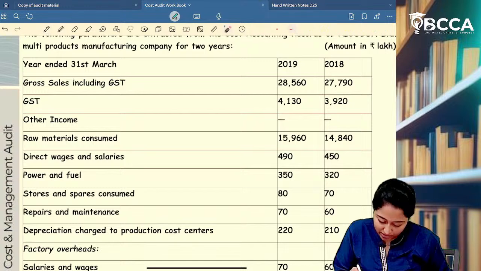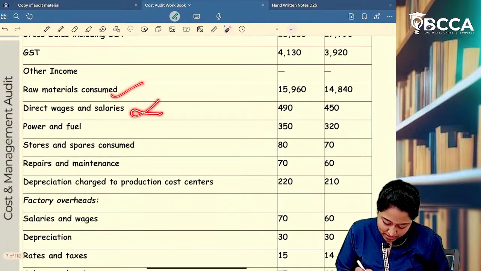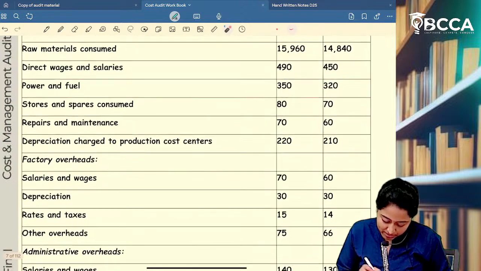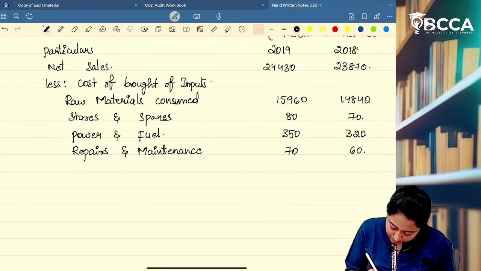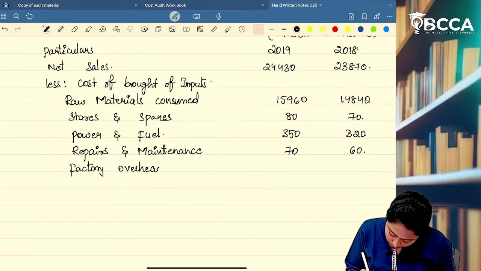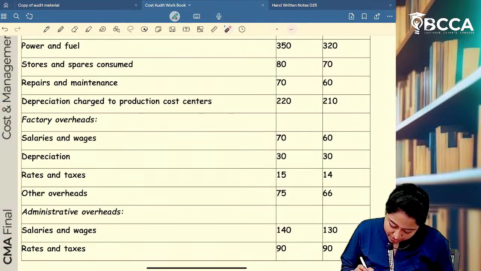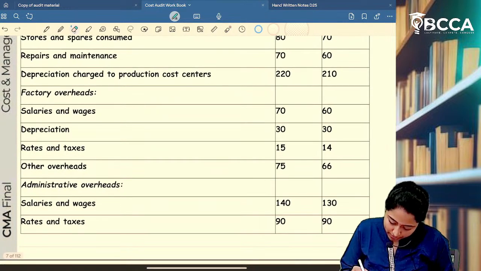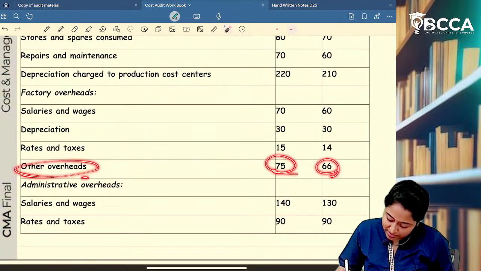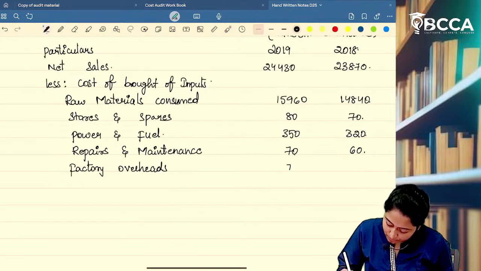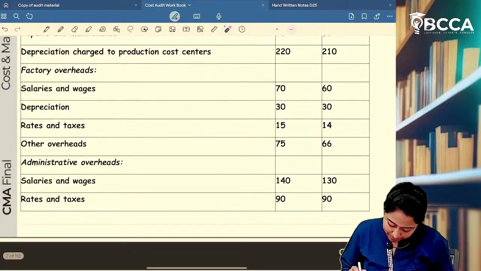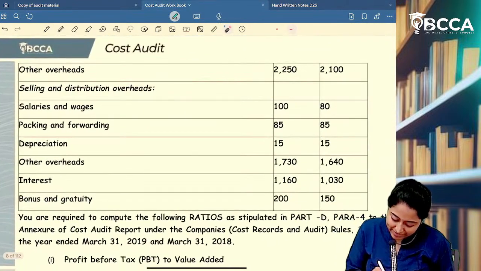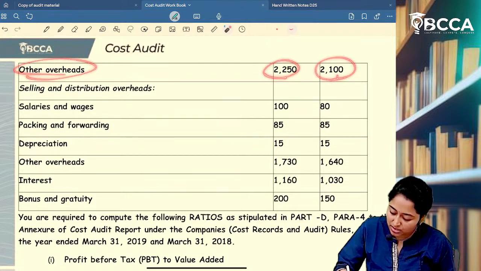Raw materials, wages will not be considered, power and fuel, stores and spares, repairs and maintenance. Depreciation will not be taken. Factory overheads: in this we will only take other overheads, 75 and 66. Then administrative overheads, also only other overheads, 2,250 and 2,100.